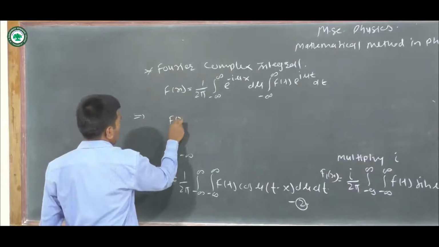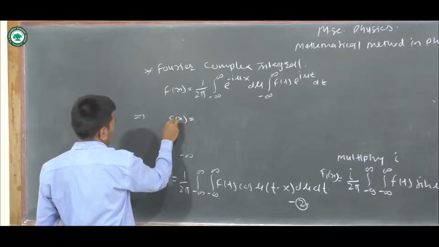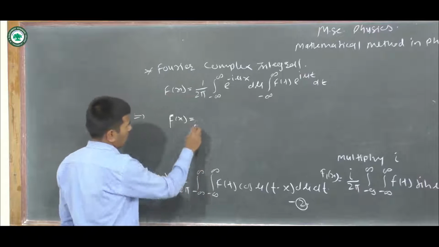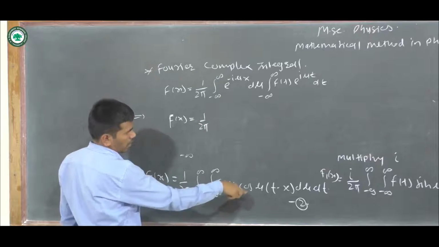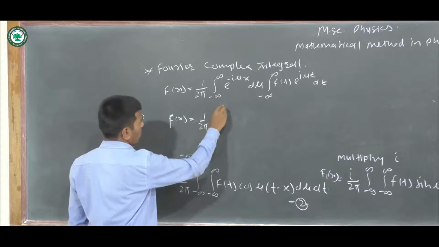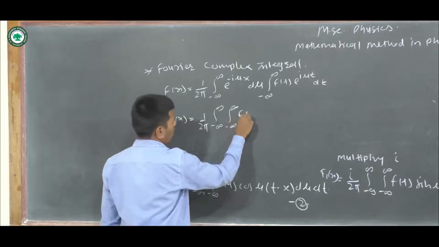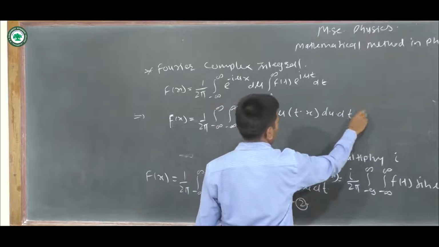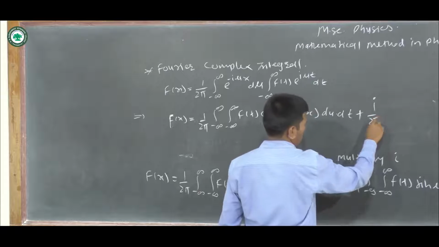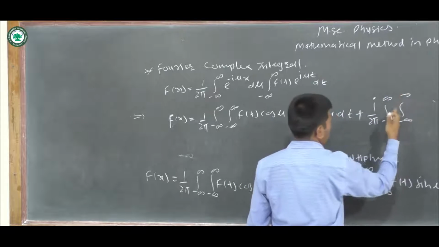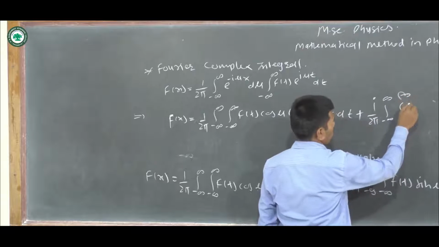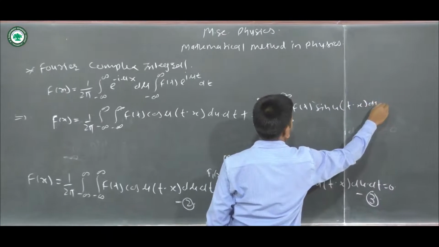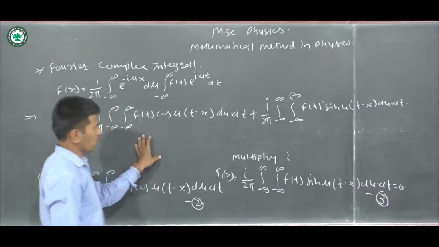So f(x) is equal to 1/(2π) ∫∫ f(t) cos u(t − x) du dt plus i/(2π) ∫∫ f(t) sin u(t − x) du dt.